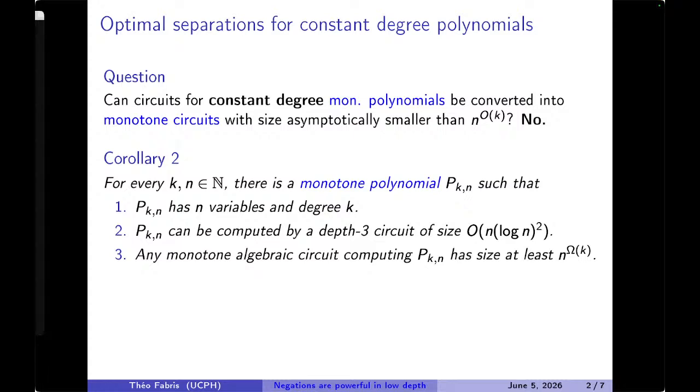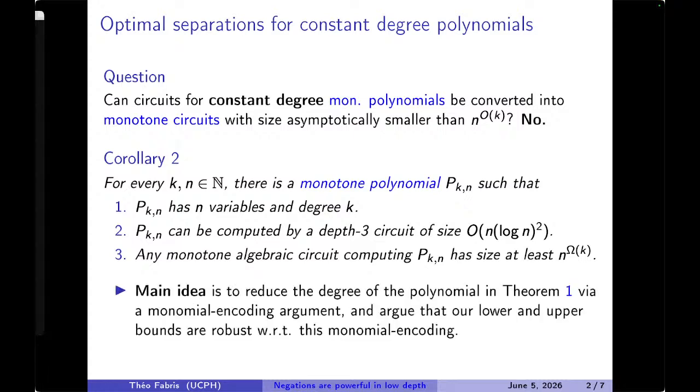The main idea is to reduce the degree of the polynomial that we used before, and then we use a sum encoding argument for the monomials from the previous polynomial. Then we need to argue that our lower bounds and upper bounds are robust with respect to this encoding.